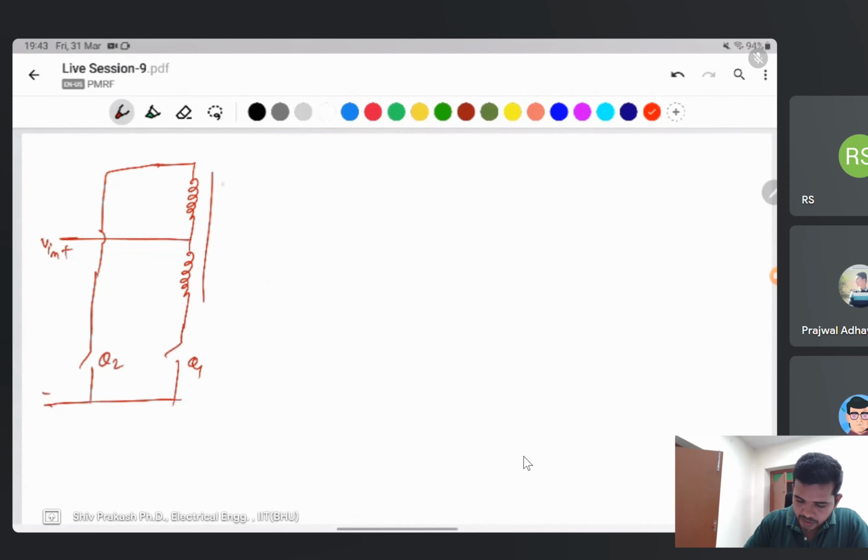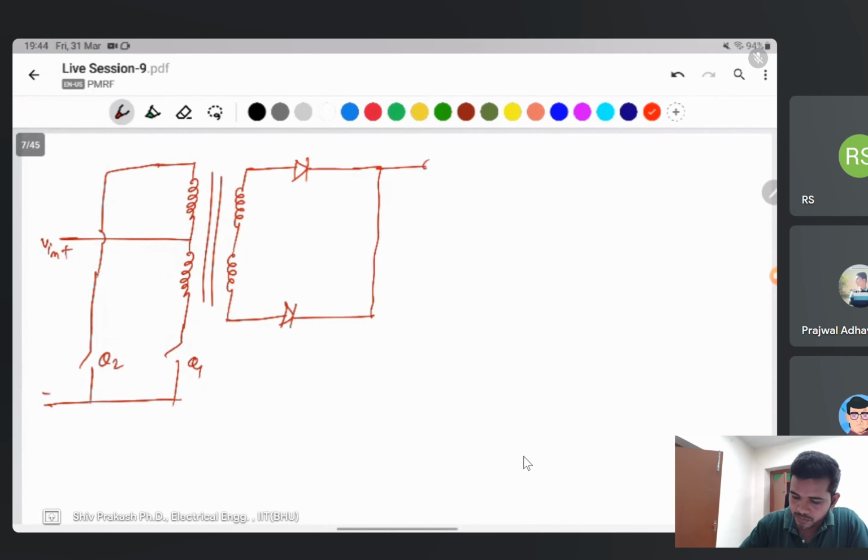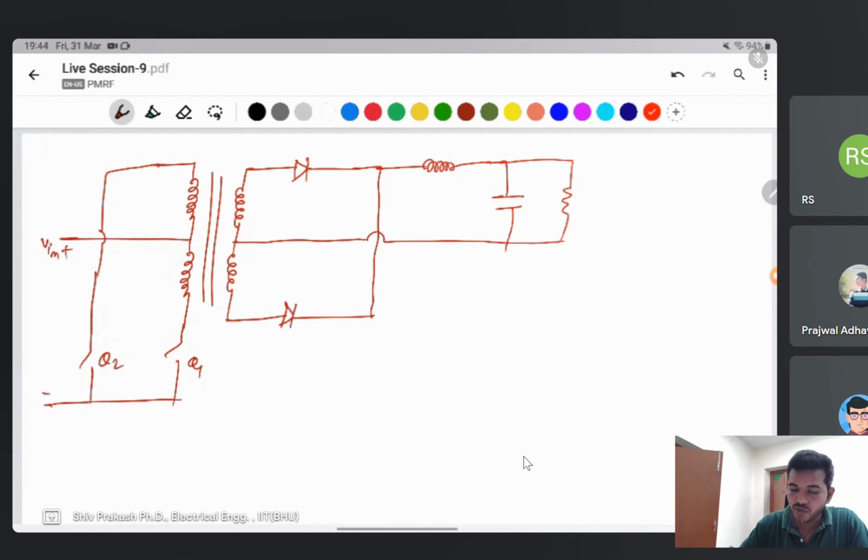It is on a transformer, with an inductor and a capacitor, same as the buck converter, because a push-pull converter is also a buck converter, but an isolated buck converter.